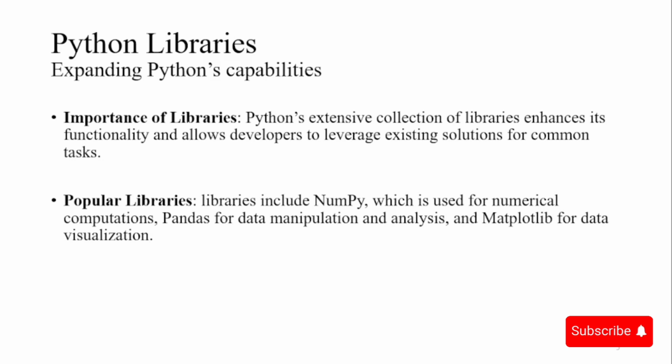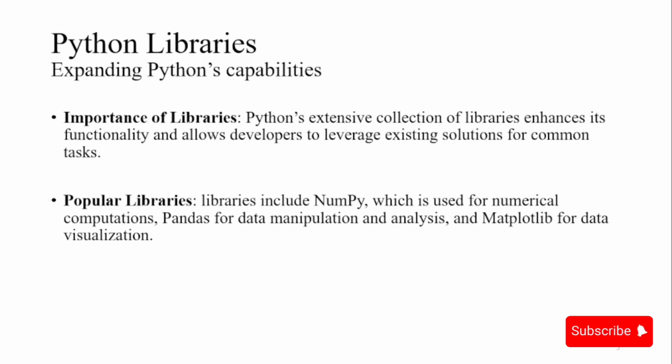Now, let's talk about Python libraries. This is actually another key characteristic of the Python programming language. Python is rich in different libraries. These libraries are the ones that we use to perform different functions.